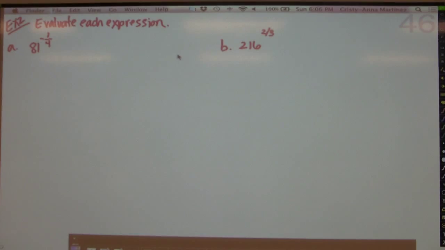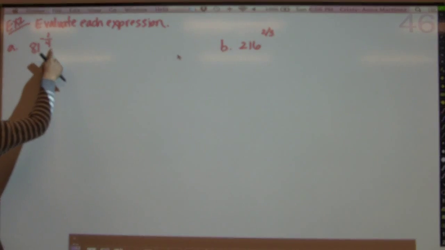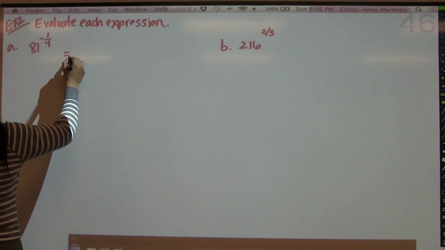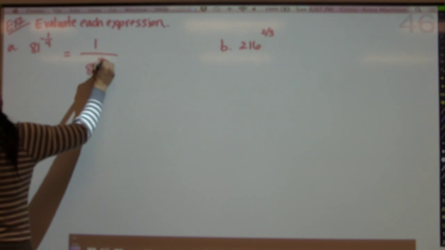In part 2, they want us to evaluate the expression. And so a lot of times it is helpful for you to write it in a radical form because it's more familiar to you. So remember that when you have a negative exponent, that means that you have to flip it. So this would actually become 1 over 81 to the 1/4 power, the positive 1/4 power. And then you'd want to write that as a radical.